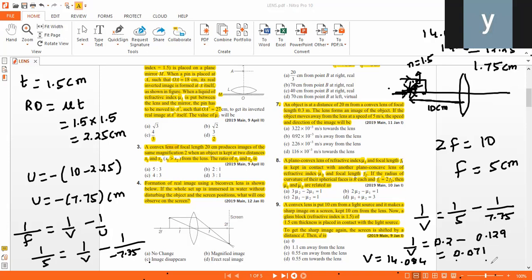And here we are having the 1.5 centimeter thickness now. So approximately we'll have 1.75 minus 1.5. That is approximately 0.25 away from the lens, that is option C.